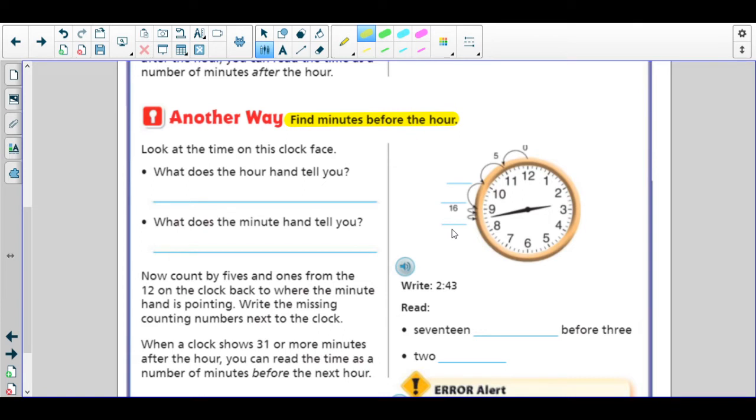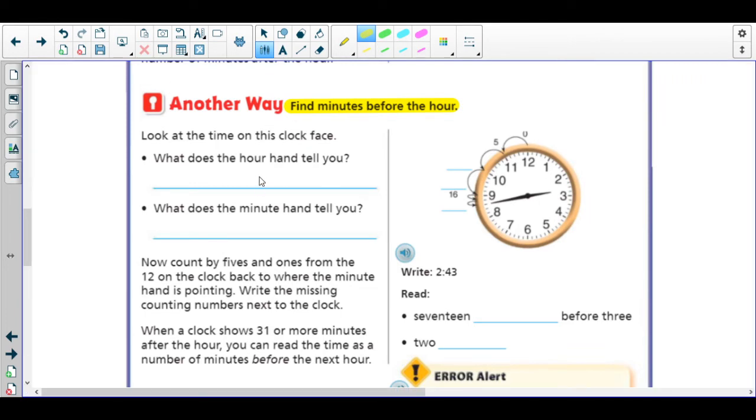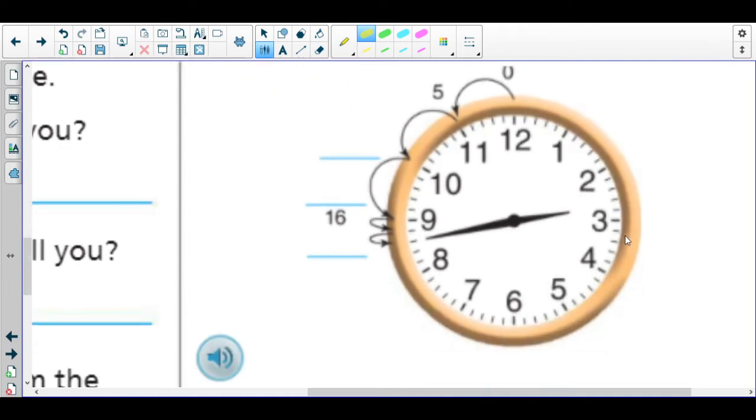So let's see what we have right here. What time does the watch show? What does the hour hand tell you? I'm going to zoom in again. So the hour hand right here is between the 2 and the 3.